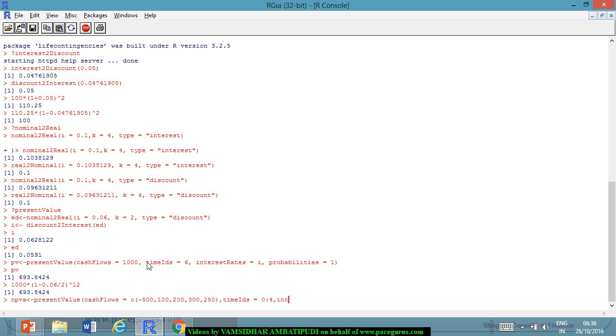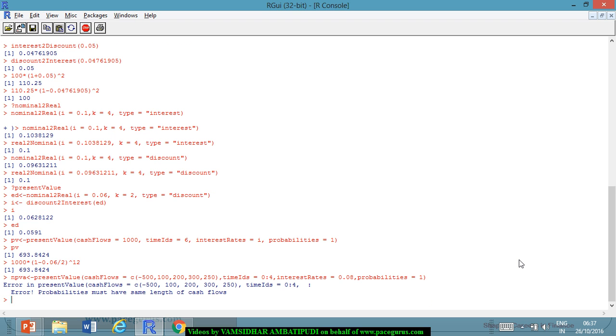Then the interest rates, if they are different, I have to give them separately. But for this entire period, my interest rate is 8% only, so I am simply taking it as 0.08. And probabilities I can ignore because there is no uncertainty in the payment, or it's as good as giving probability as 1.